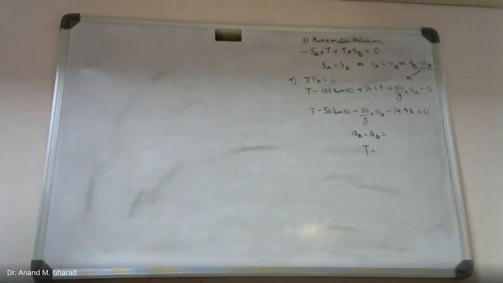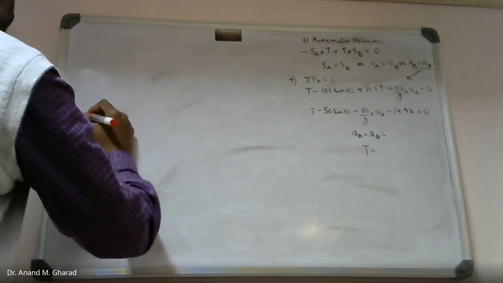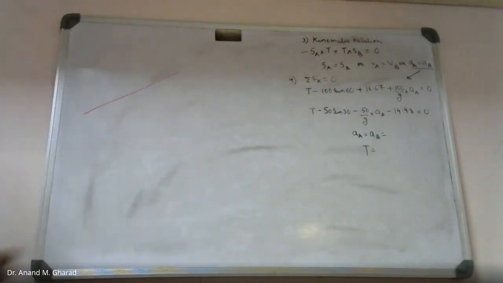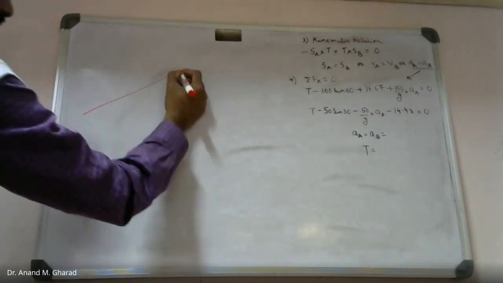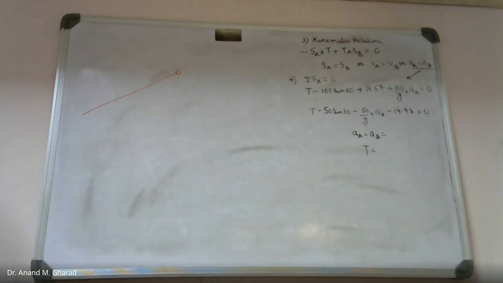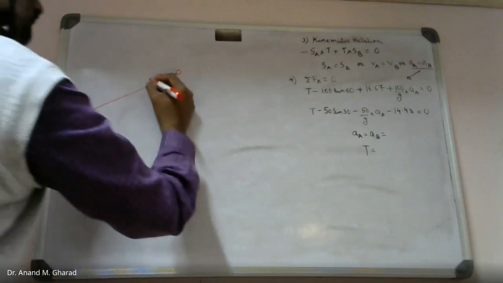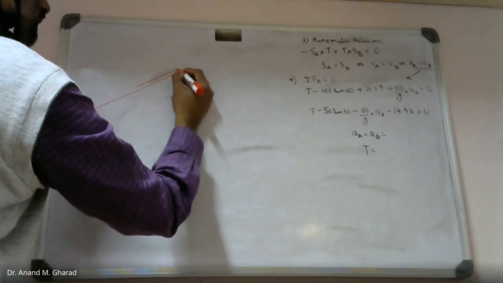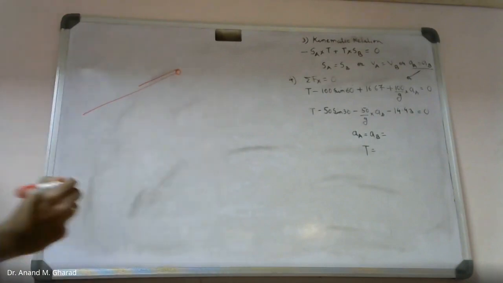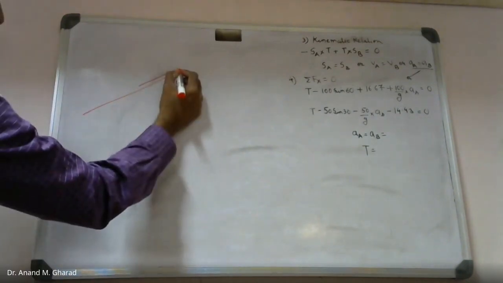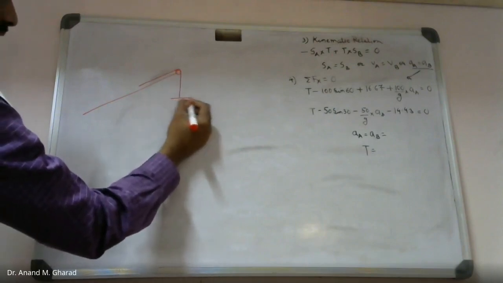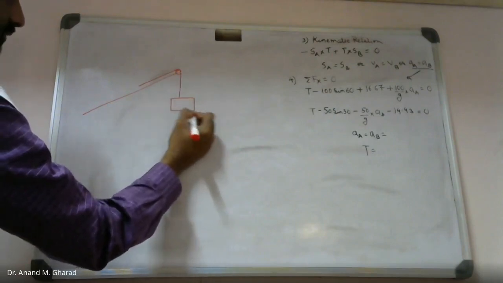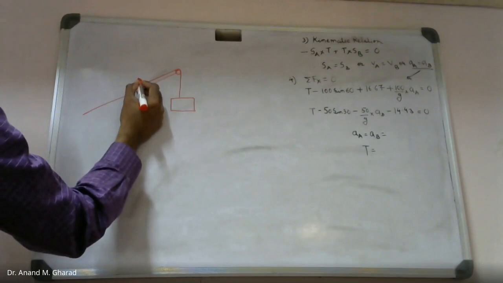Okay, now a bit of change. There is a small pulley over here, and over this small pulley, again one more pulley system can be found, and it is over here like this.